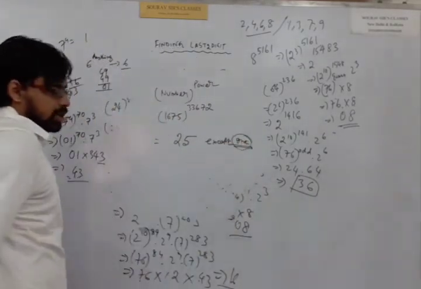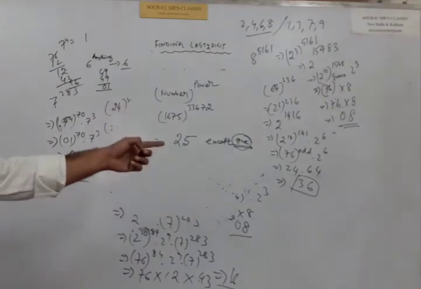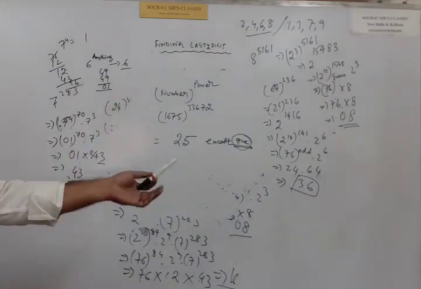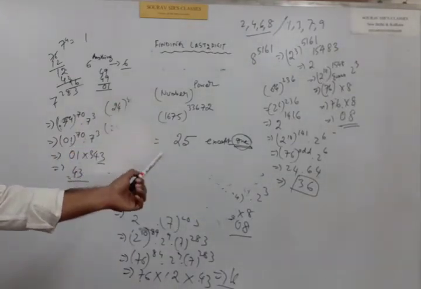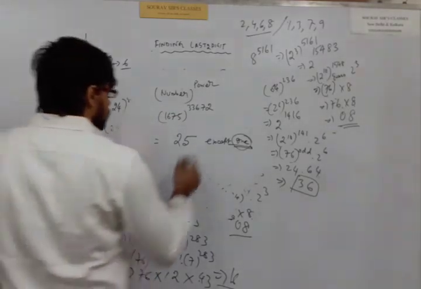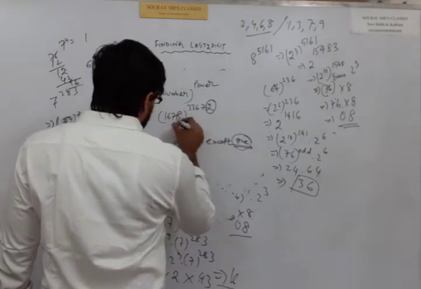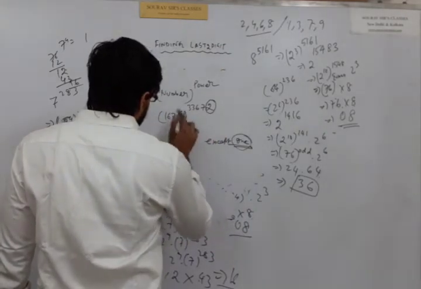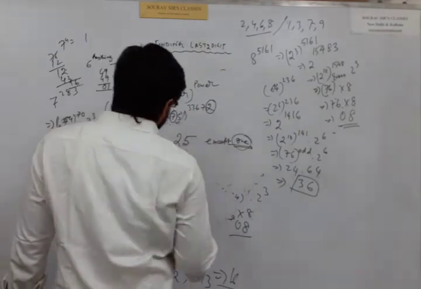Every time 25 except one special case. What is that special case? That special case is if the tens digit in the number is odd and the unit digit of the power is also odd. So if these two are odd, then only. Okay.